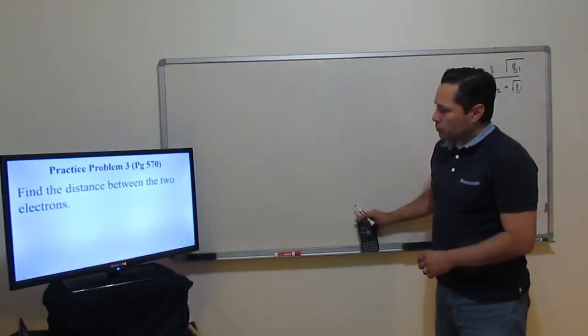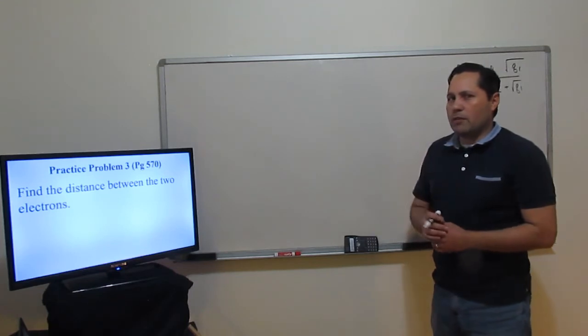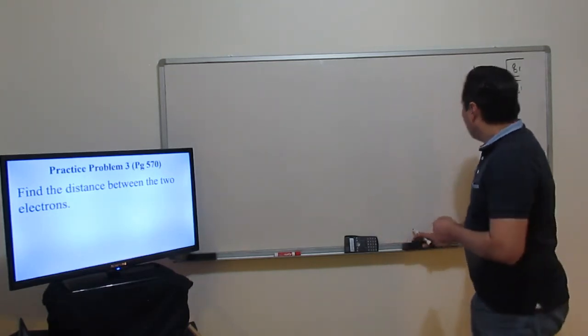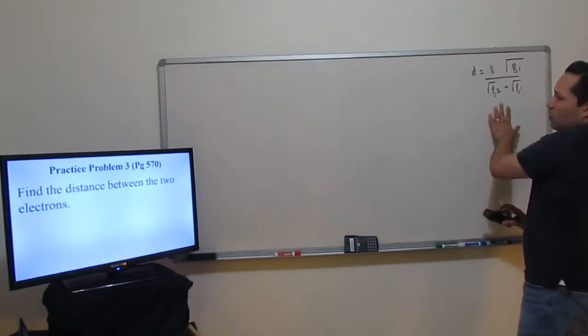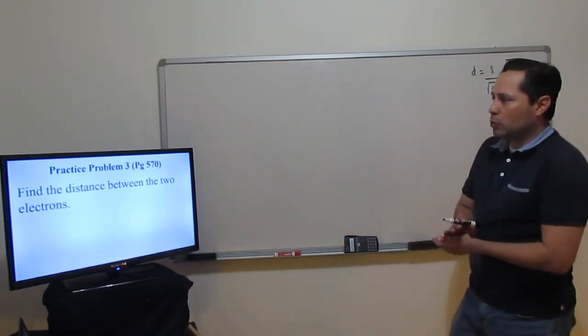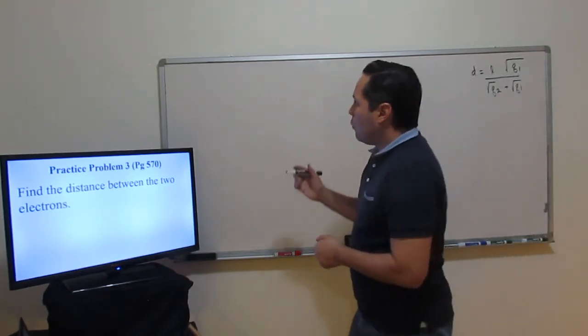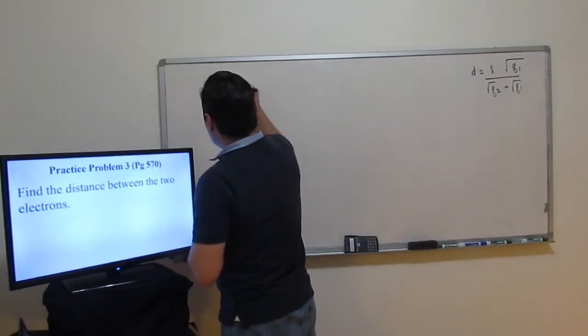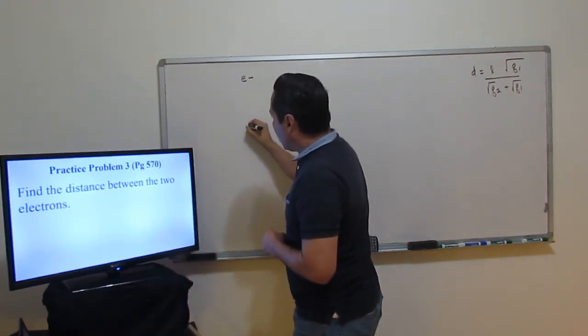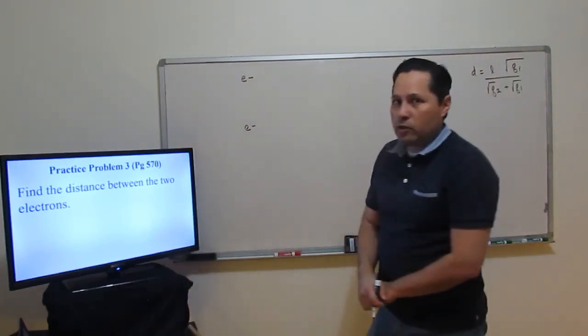Alright, so we're going to go ahead and derive a formula to solve for this one. So for this problem, we've got one electron on top, and it's negative. We have one electron on the bottom, and it's also negative.